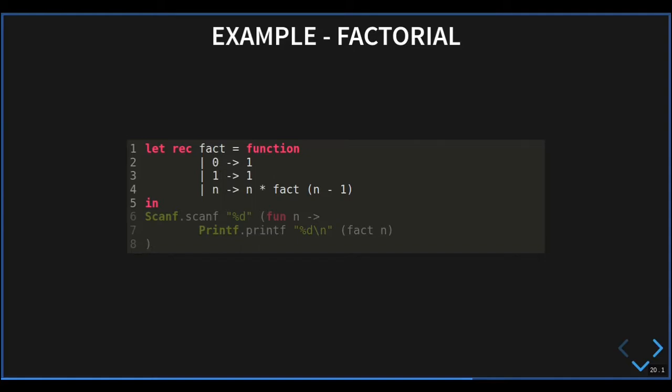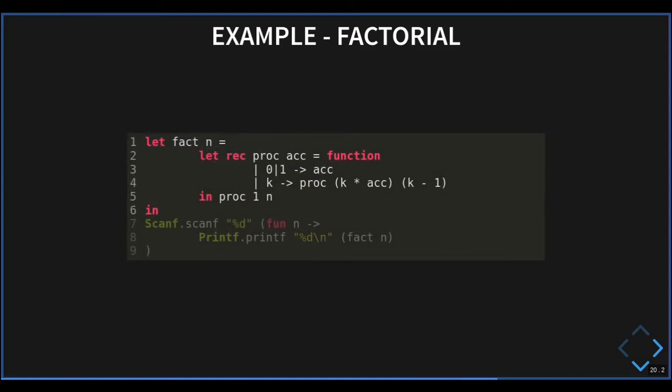So what we can do is introduce an inner function, and this function will be implemented in a way that it is tail call optimizable.